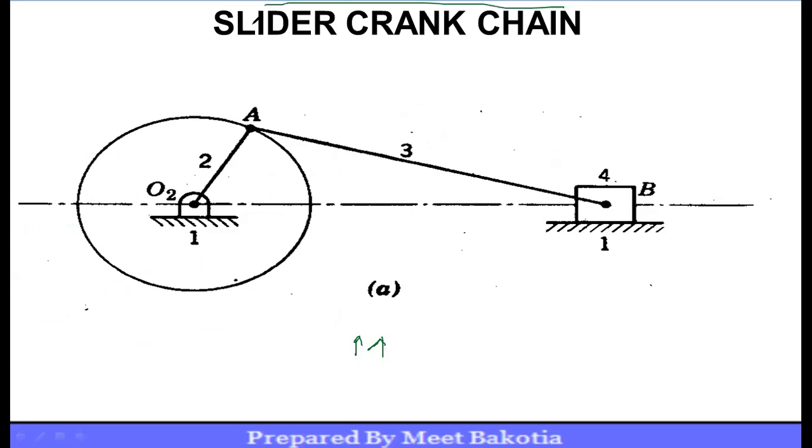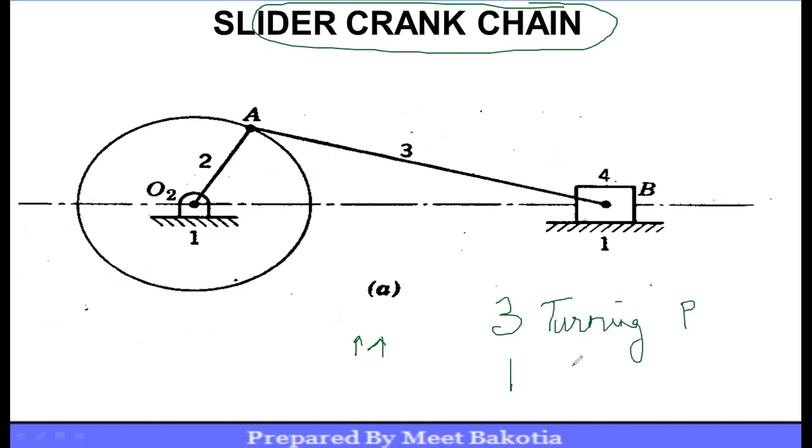In the single slider crank chain mechanism, we have 3 turning pairs and 1 sliding pair. While in the 4-bar mechanism, we had all 4 pairs as turning pairs.